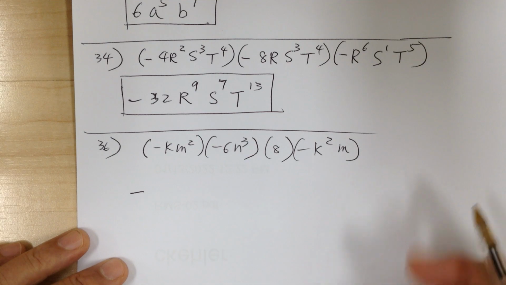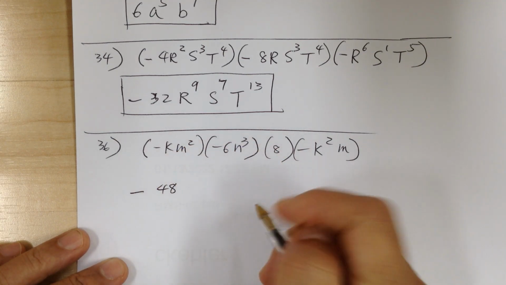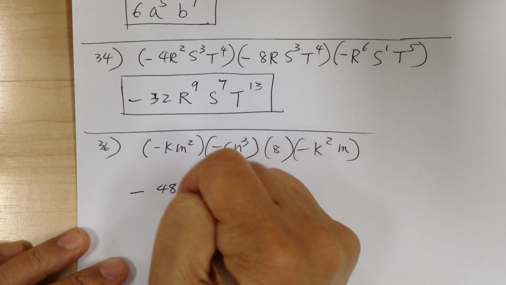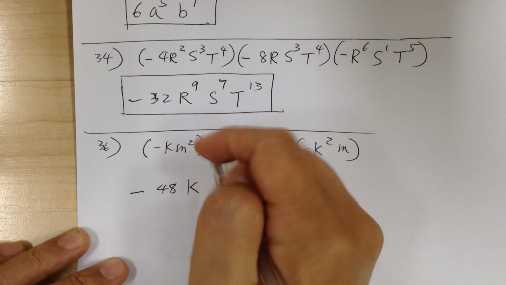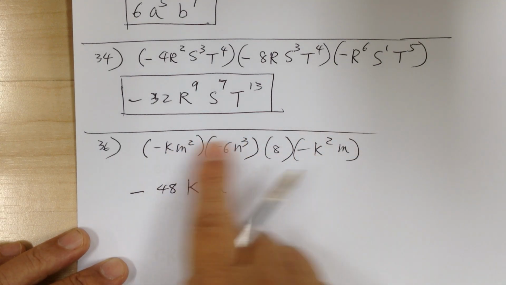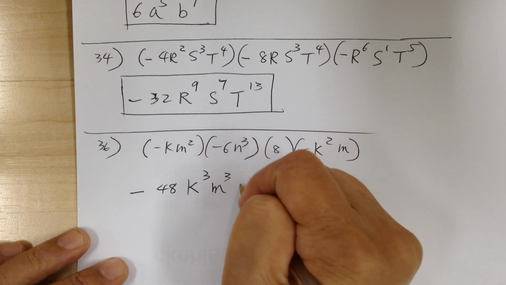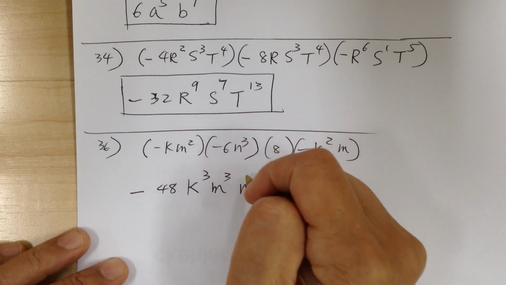Okay, then you do the number, so you got 6 times 8 will give you 48. Then you go down the alphabet, so k, so you got 1 and the 2, so 1 plus 2 will give you 3. Okay, and you do the m, so you got 2 and 1 here will be 3. Then you do the n, so you got 3 over here, there's nothing else to combine, so it would be just 3.